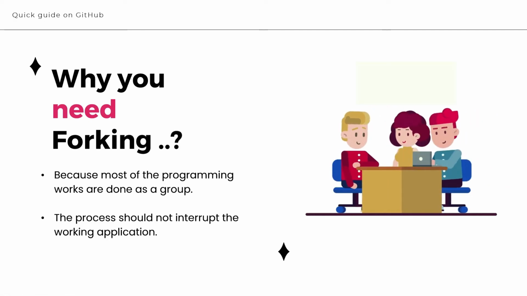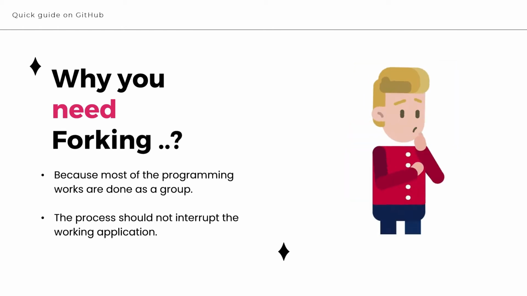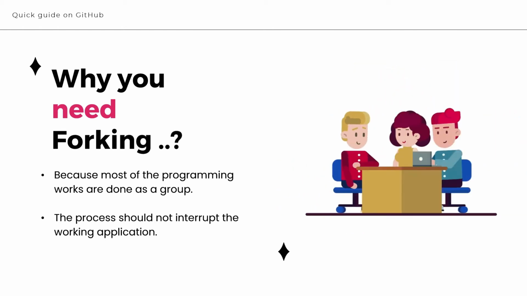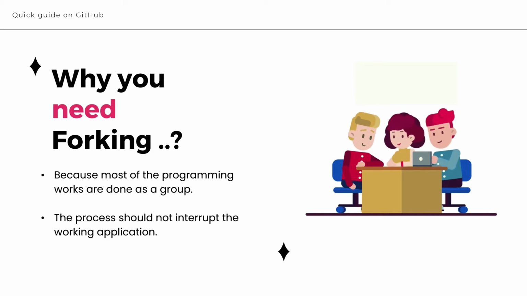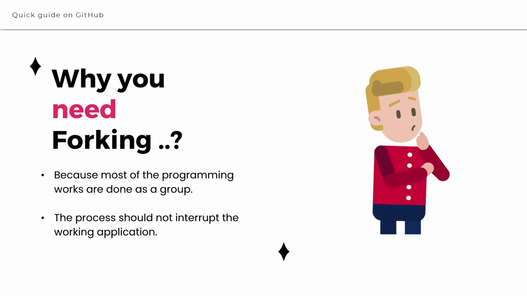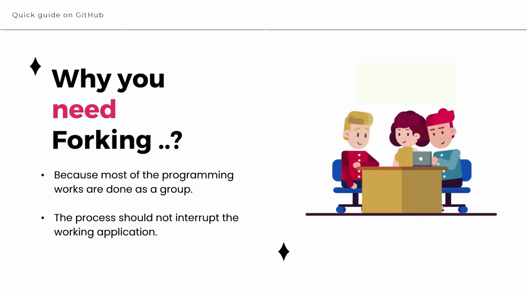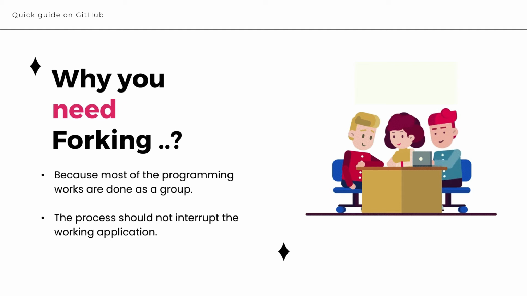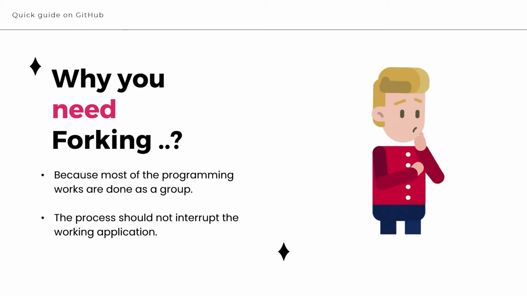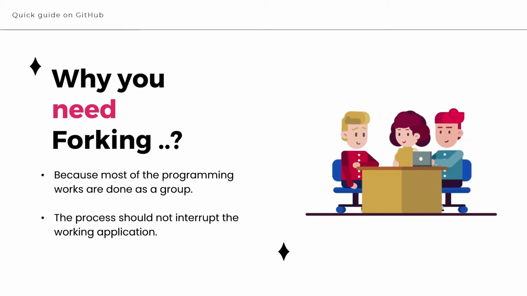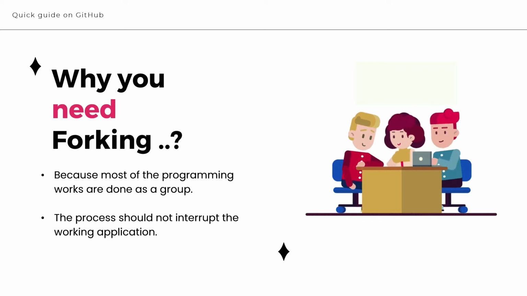Before going on to the topic, let me ask you a question. Why do you need forking? Okay, I'll tell you a story. In the world, most software development is done by a group of people. So in a project, many developers and technicians work and contribute towards the development of the code.